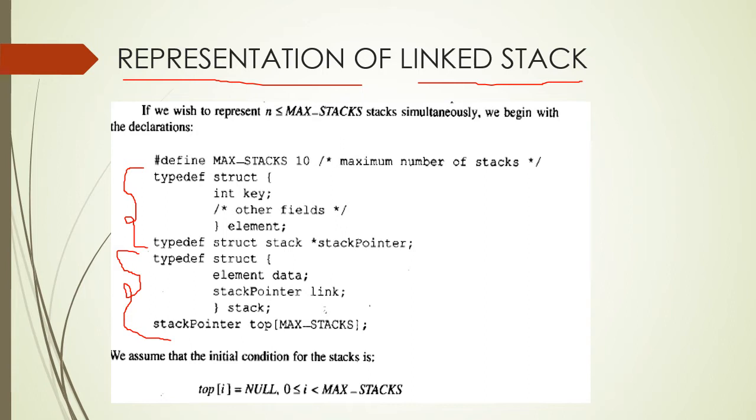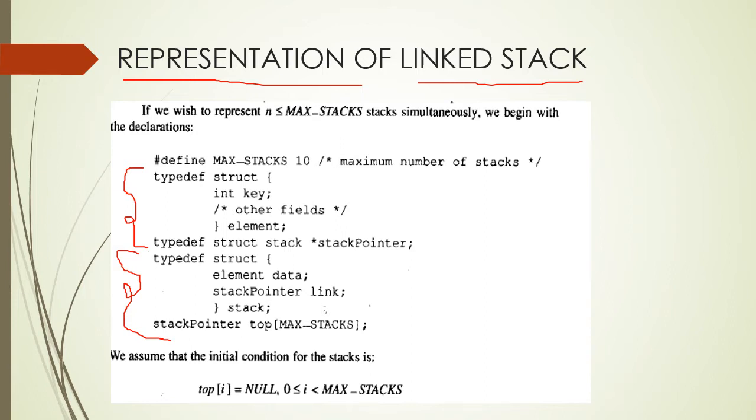While pictorially representing a linked list, we have shown only one field of a data node, or only one piece of information in the data field. You can have more than one field in the data field also, more than one piece of information.